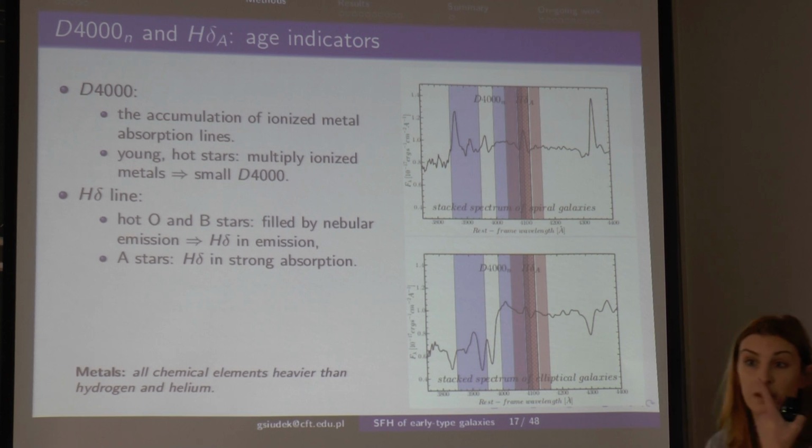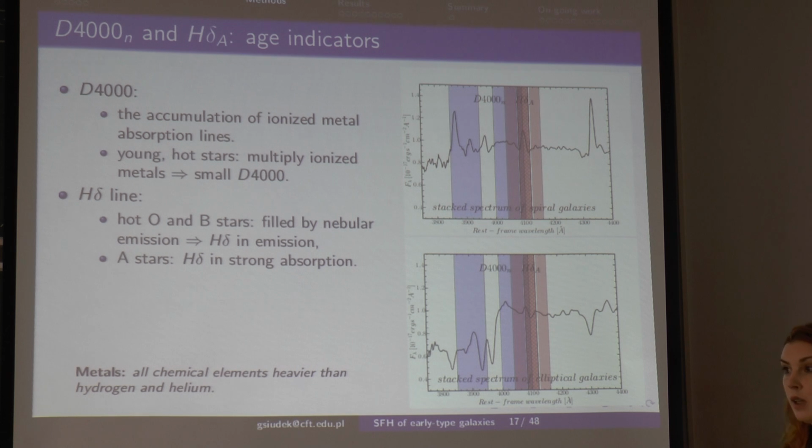This absorption D4000 line. I mean, the metals have to be synthesized, right? Created somehow, in supernova explosions. So I would say that if the galaxy is young and there were not that many stars and not that many supernovas, then it's not that there is multiple ionization, but simply it's a metal-poor environment, right?